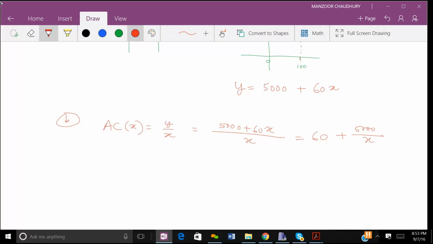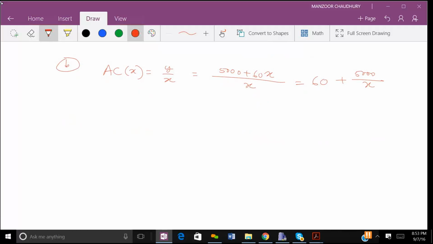Okay, and then if x is 20, what happens? So you plug in, average cost is 20. That should be 60 plus 5,000 divided by 20, which is plus 250.